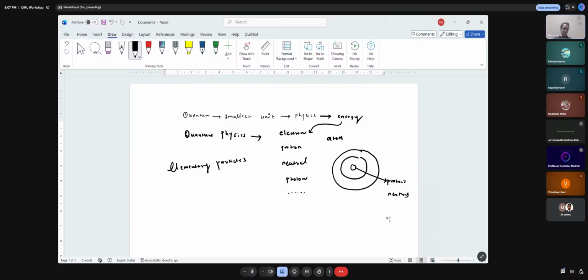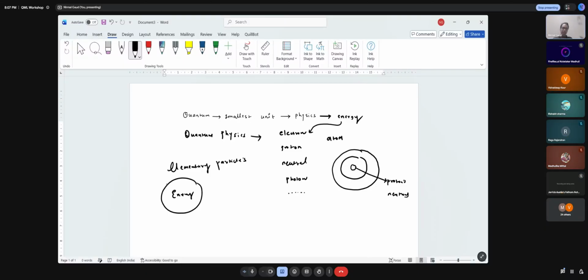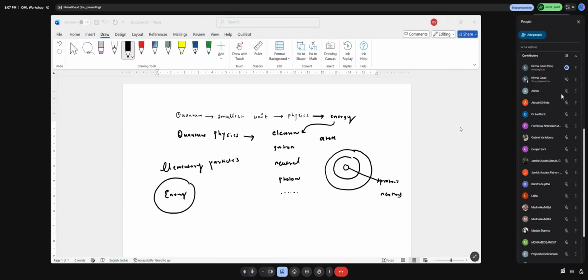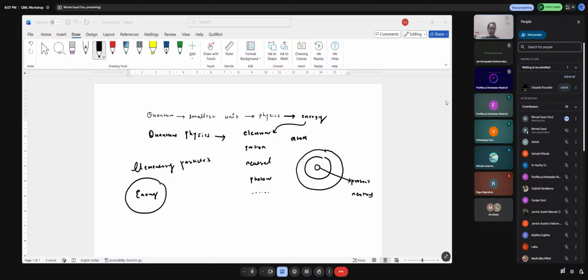So here the concern is about the energy they possess. And the study is related to the energy of these particles only, which we later call the energy state.